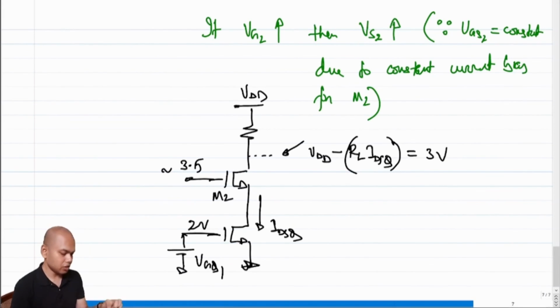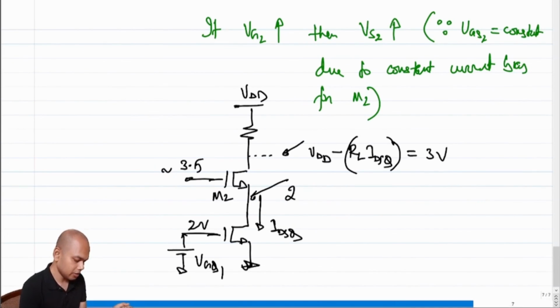If this is 3.5 volt, and under the conditions of overdrive, whatever we chose, what will be this voltage? This will be approximately 1.5 volt. If this is 1.5 volt, what do you think is the health of M1?